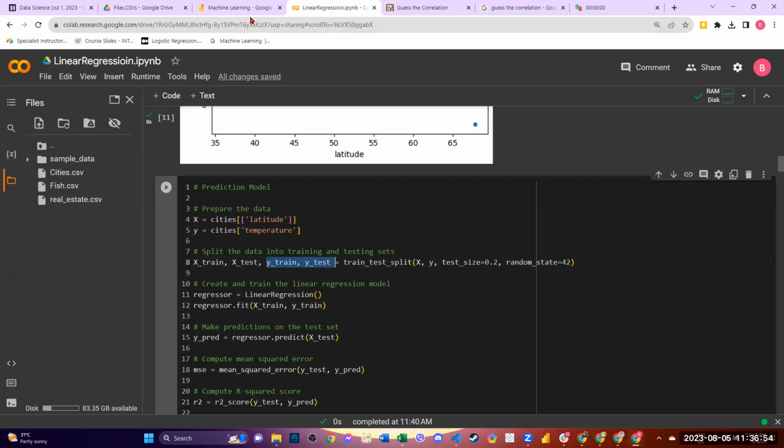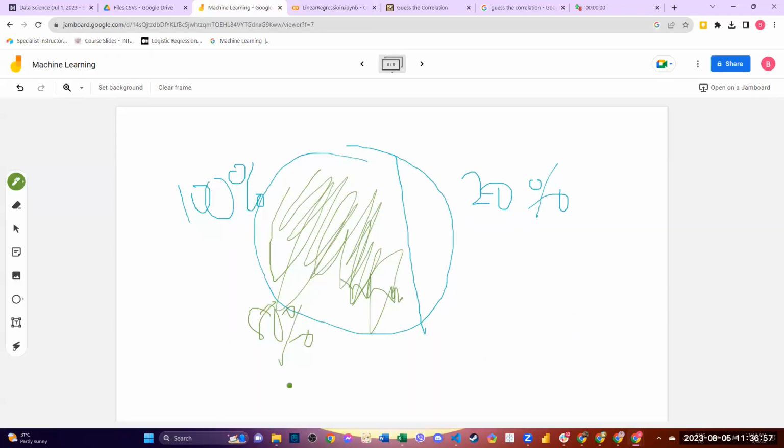So when we split this one, the 80% will be going to the X train and then the Y train. The 20% will be for the X test and the Y test.